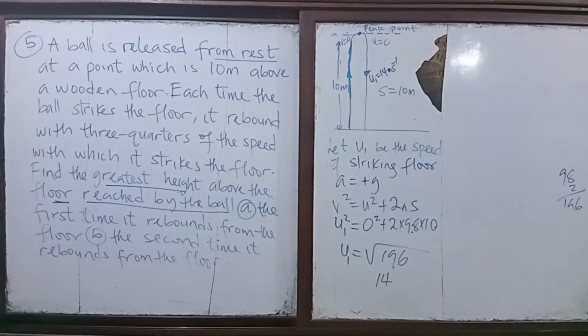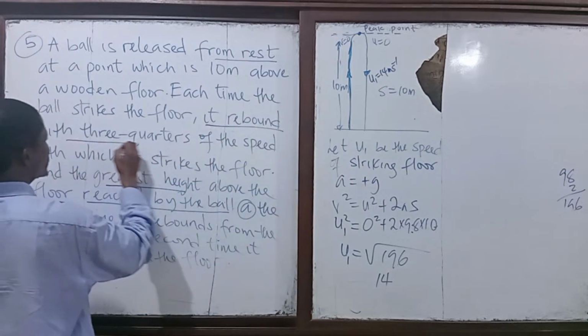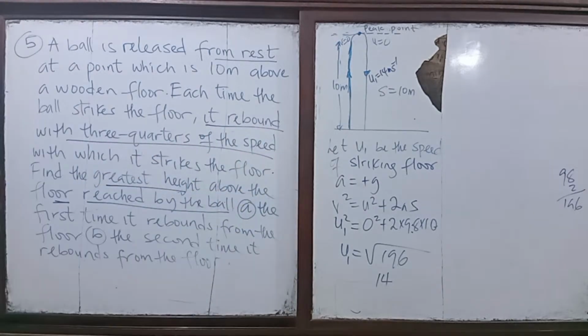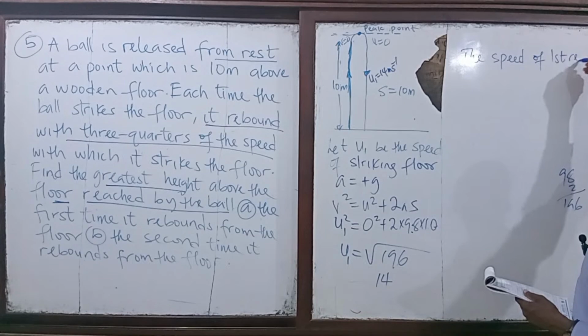So we are going to get the speed of rebound, because here we are told that it rebounds with 3/4 of the speed. So we are going to have the speed of the first rebound.